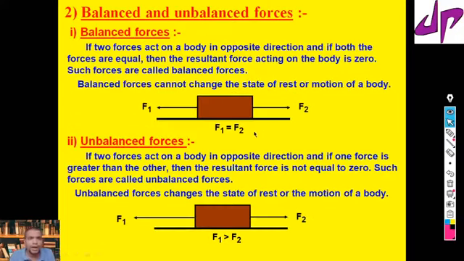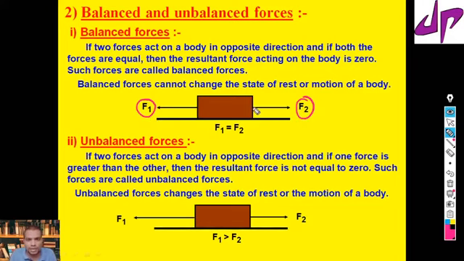We define balanced force like this: in this diagram, F1 is a force in the backward direction and F2 is a force in the forward direction, and these two forces are equal.